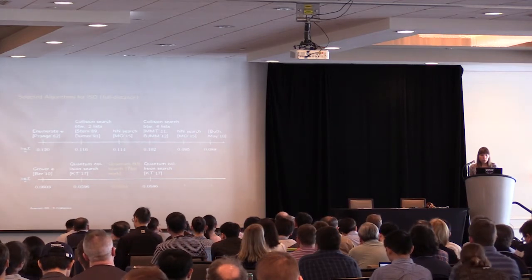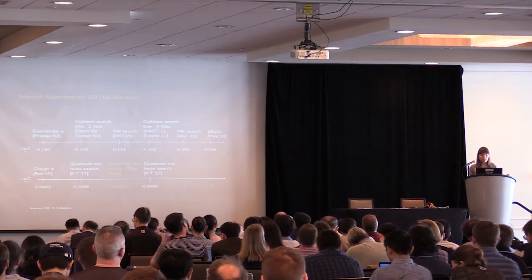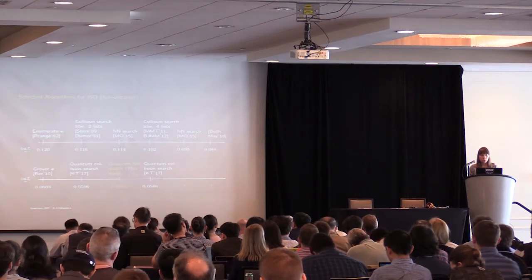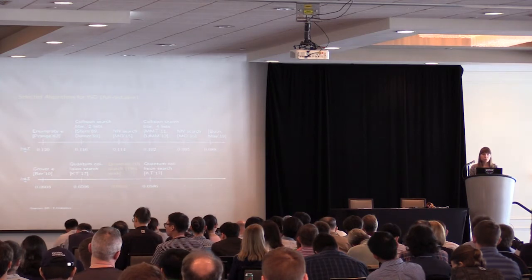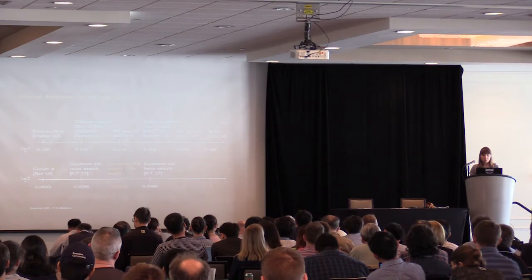What I also should mention is that at my first submission, when I submitted the paper, I also thought that one could improve the 4-list algorithm, but then I found a mistake there, so I would refer you to the full version of the paper, where I explain why the numbers are like that.